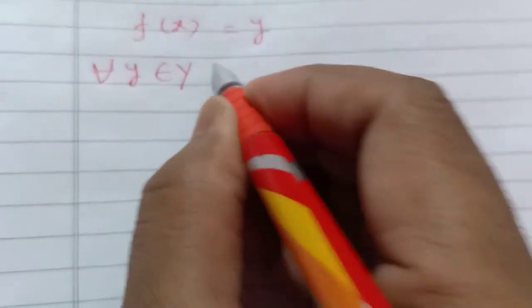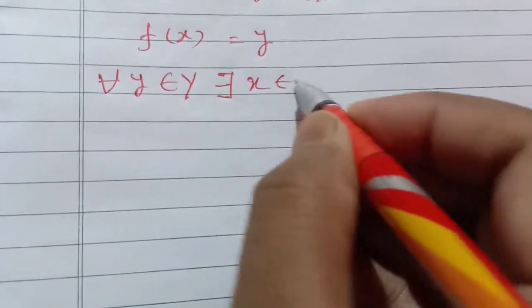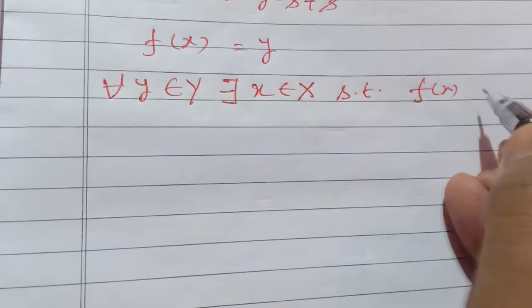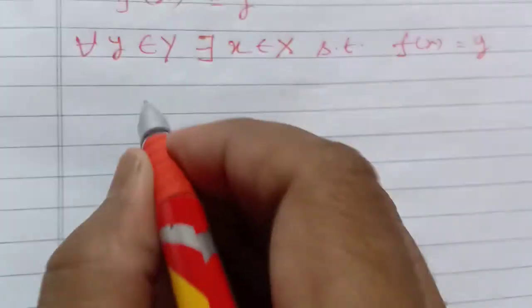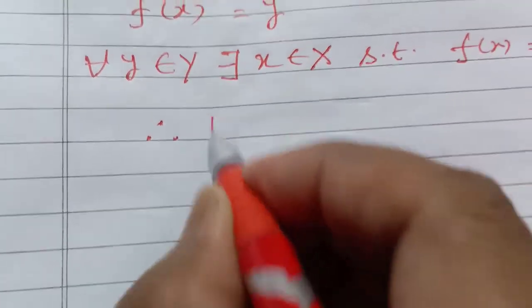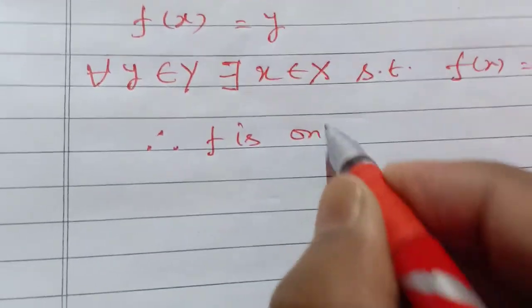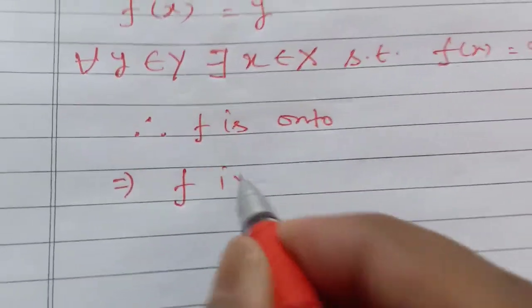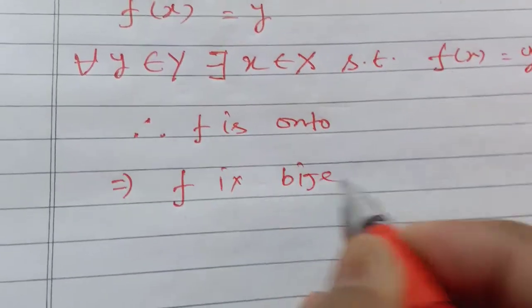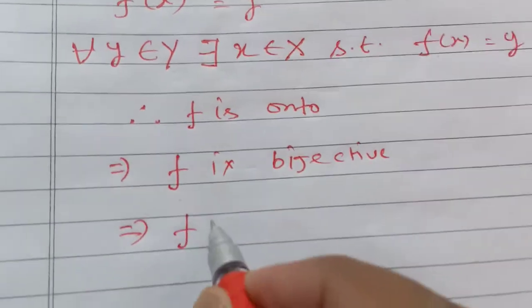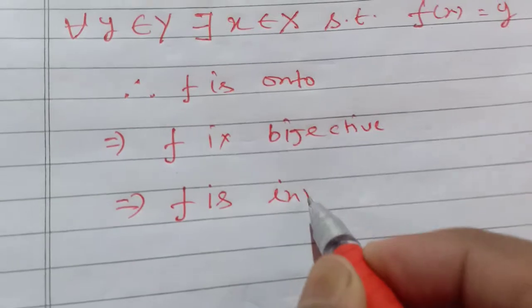Now for every y belongs to Y, there exists x belongs to X such that f(x) = y. Therefore f is onto. This implies that f is bijective. This implies that f is invertible.